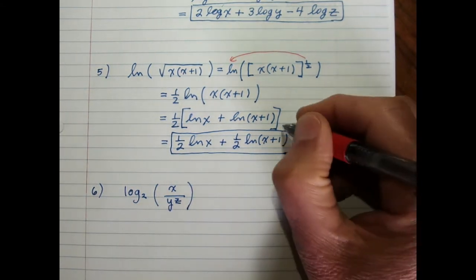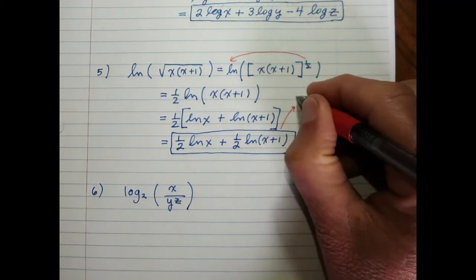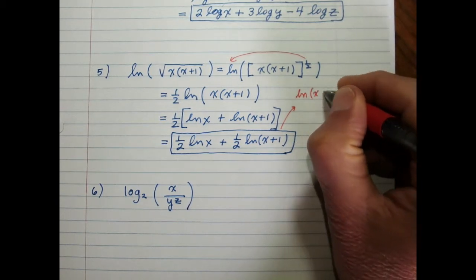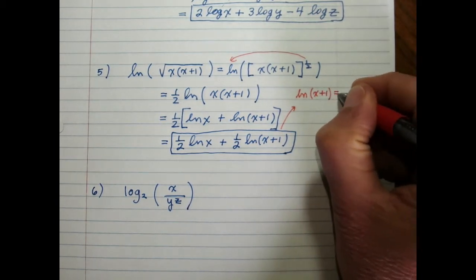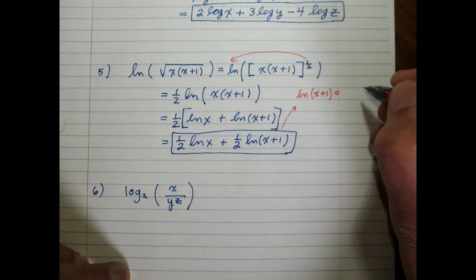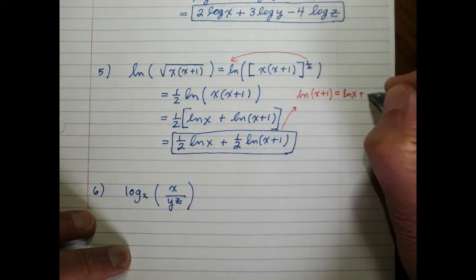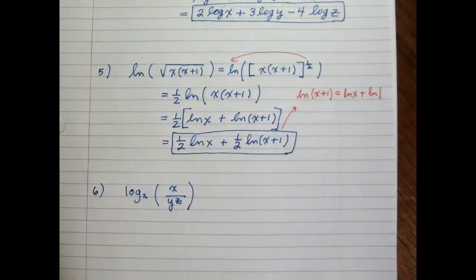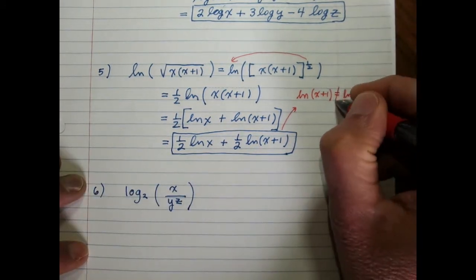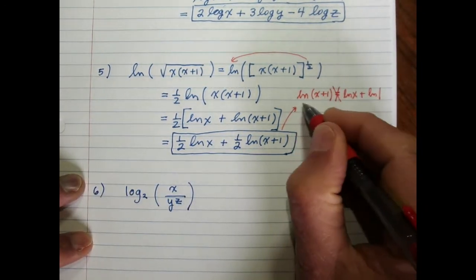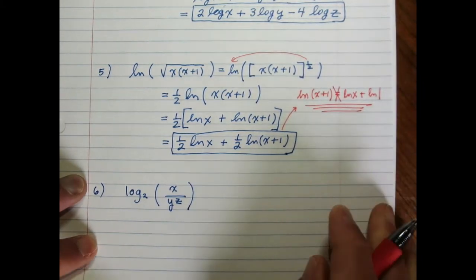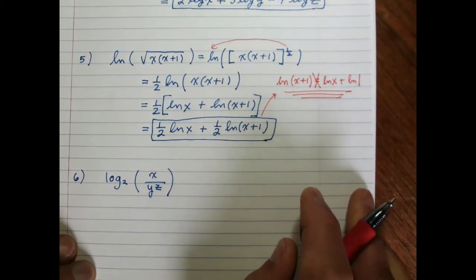Nowhere do we have a property where we have ln of a sum being taken apart into two separate logs. So this is not equal to ln of x plus ln of 1. That's a real common kind of mistake. It's not equal. So watch out for that. You can't do that kind of simplification.